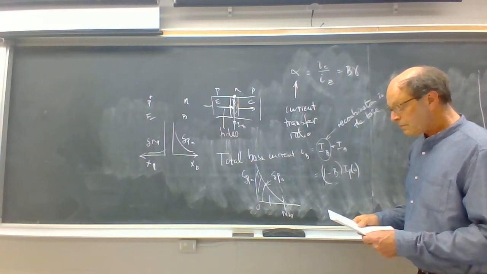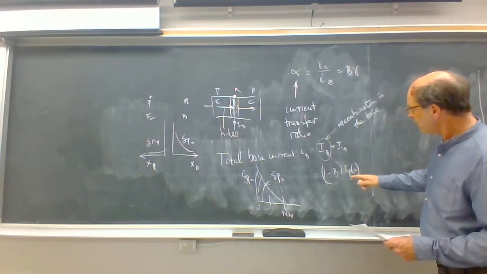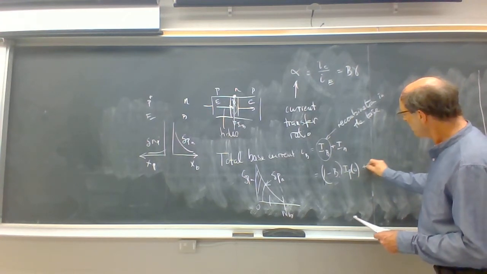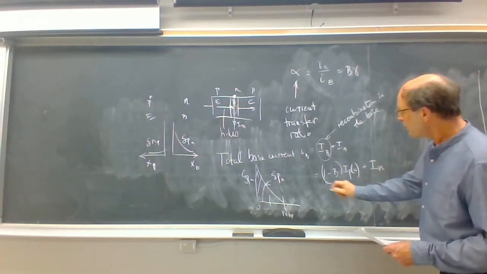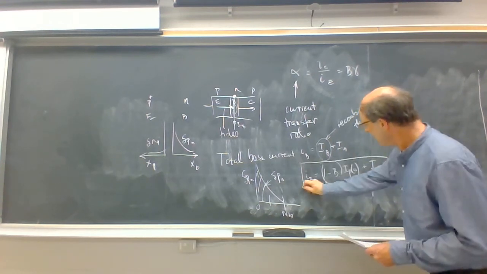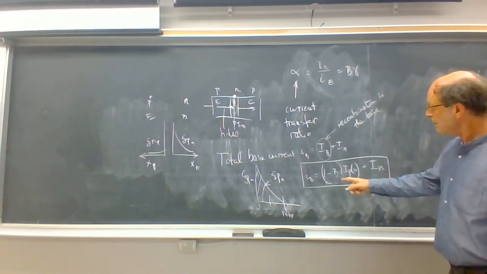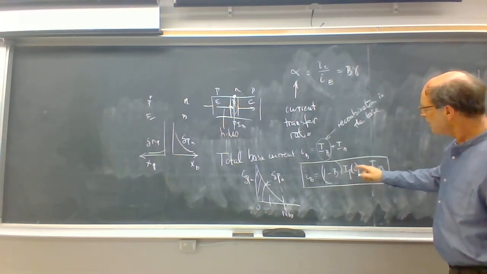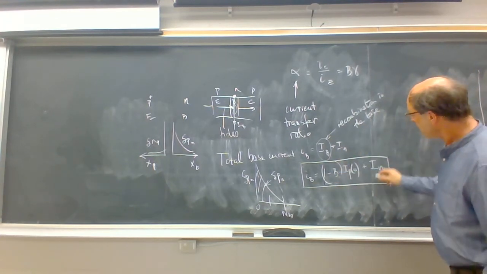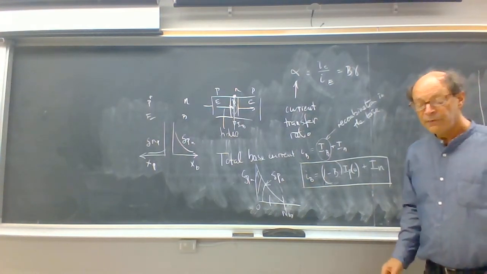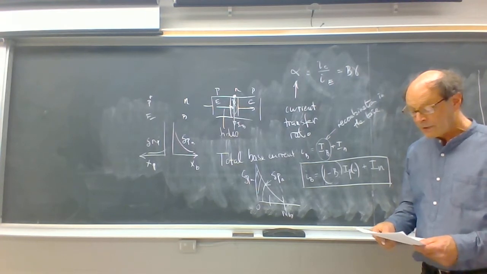So we're now going to take this and add I sub N to it. So we have an expression here for the base current. Once again, a recombination term in the base, which is all this, and then this other term, which is the supply of electrons into the emitter.